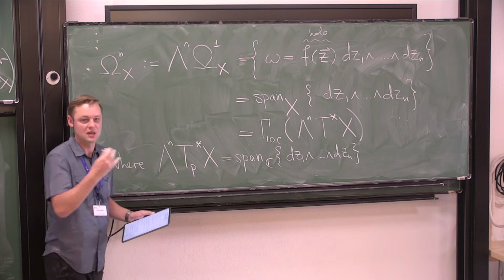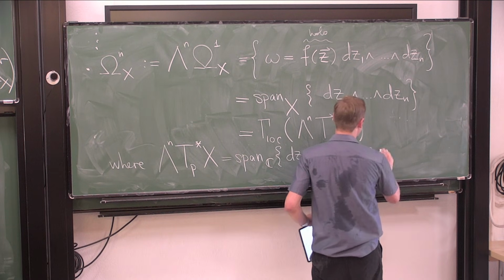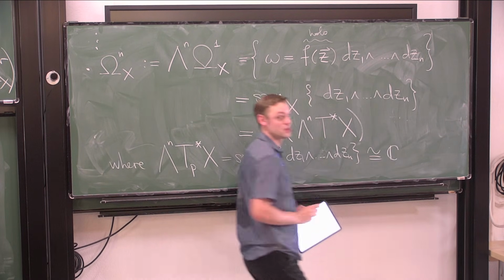And so, of course, because it's a linear span of a single vector, it's a one-dimensional complex vector space. So it's really isomorphic to C.